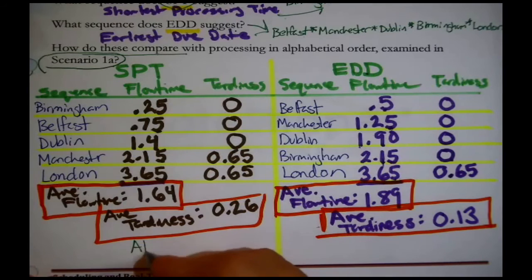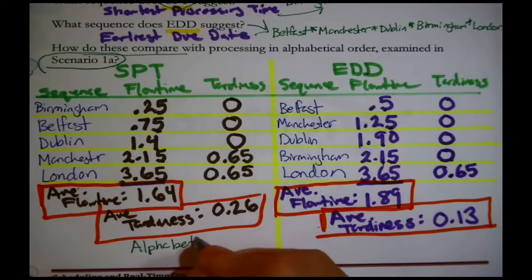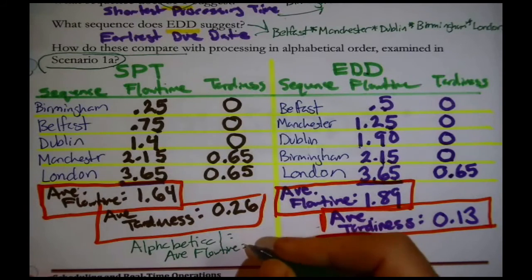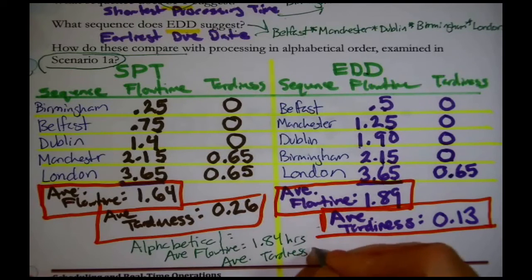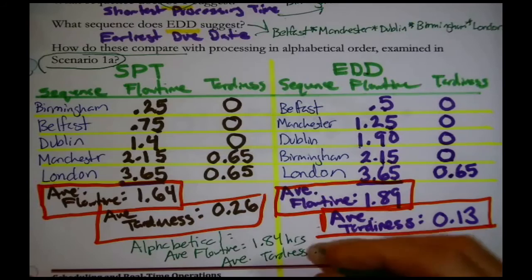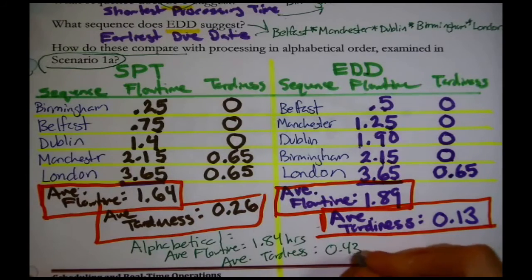Alphabetical, the average flow time was 1.84 hours, and the average tardiness from scenario 1A, if you do them in alphabetical order, was 0.43. So we are asked, how do these two sequences compare to just doing them in alphabetical order?